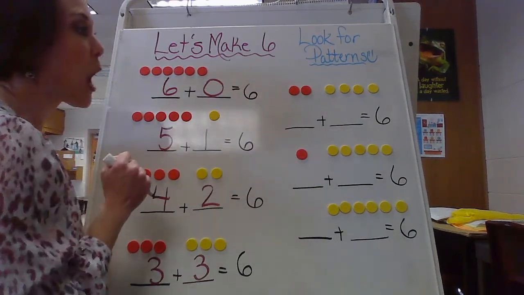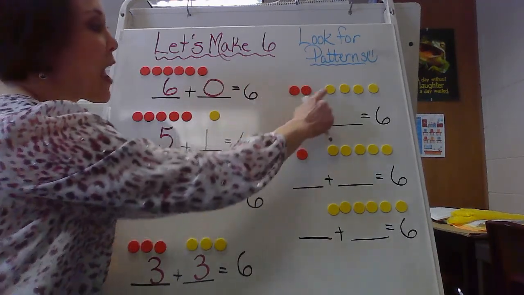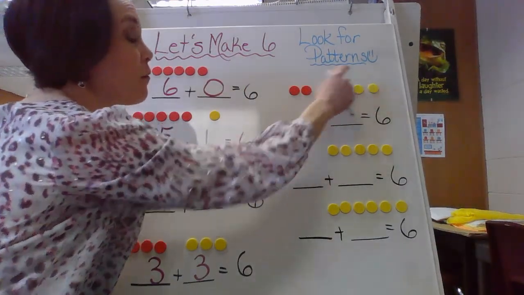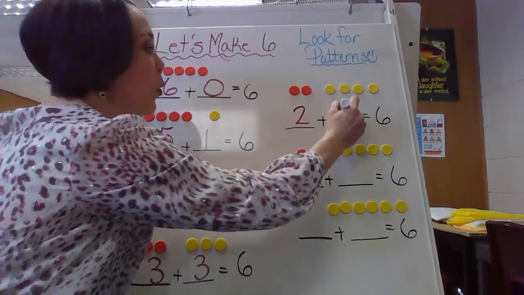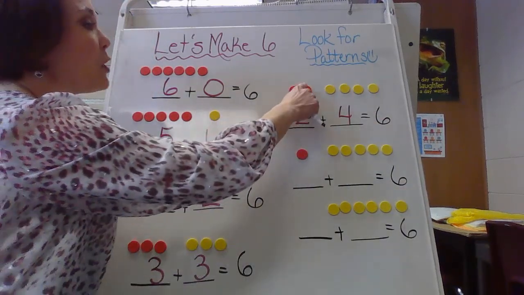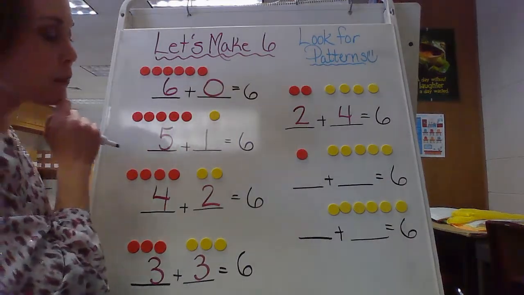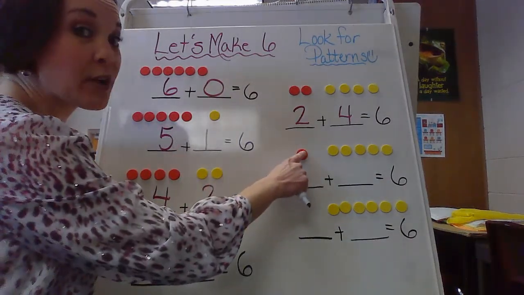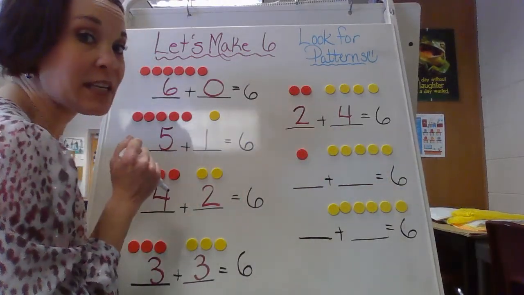Okay, going right along. Let's keep going. 1, 2 red, 1, 2, 3, 4 yellow. So this one is going to be 2 plus 4 equals 6. I'm going to count them up. 1, 2, 3, 4, 5, 6. We're good. All right. Now I have 1 red and 1, 2, 3, 4, 5 yellow.